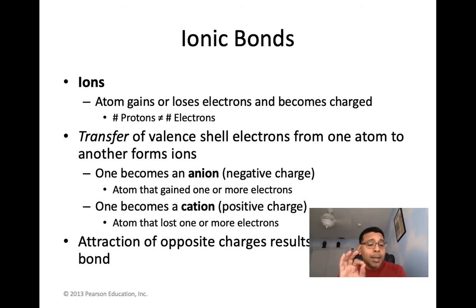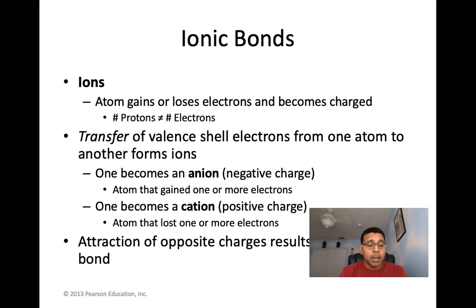And when this happens, that precise balance of positive and negative charges is lost, so that a charged particle is formed, and it's called an ion.